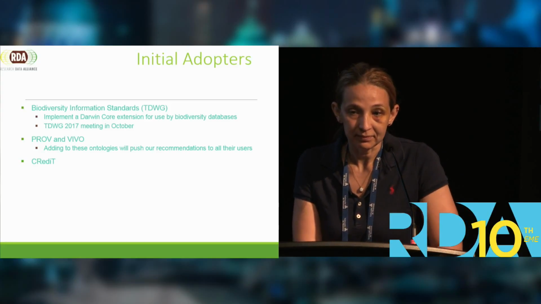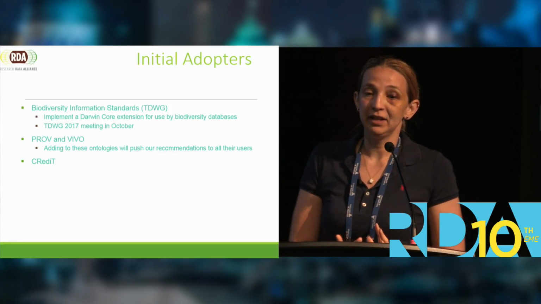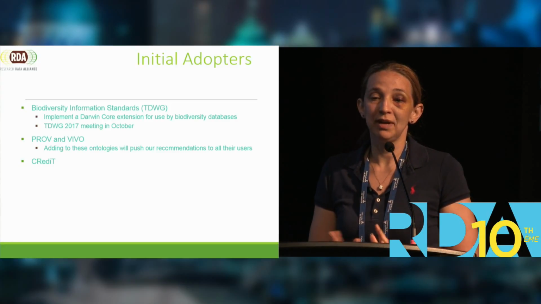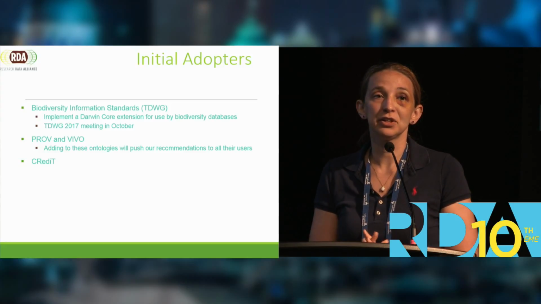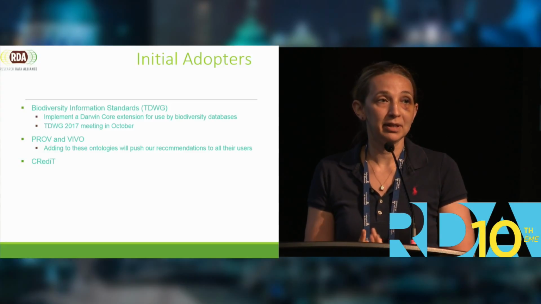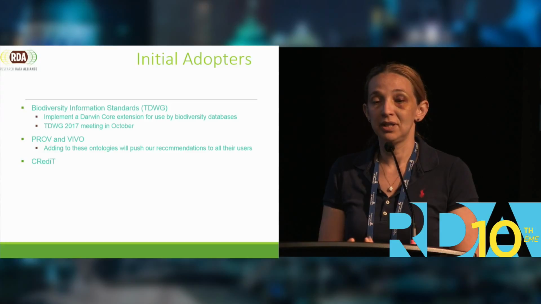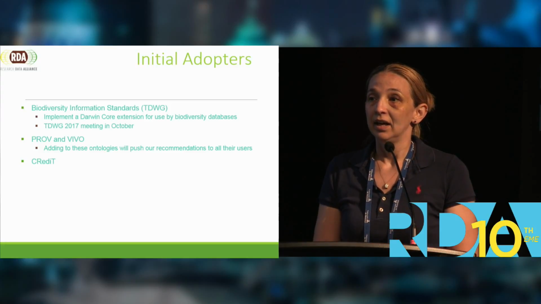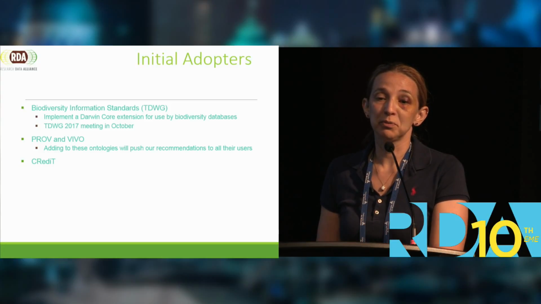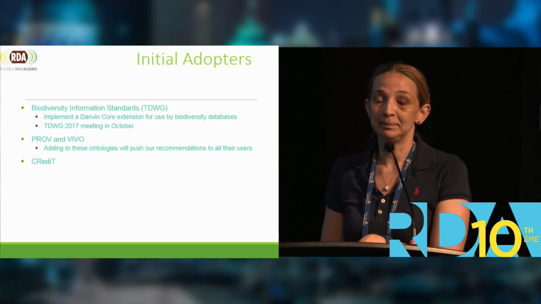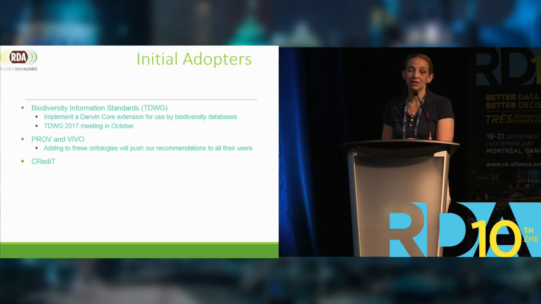And so that would make our recommendations usable by their users. And of course, there are other controlled vocabularies like CRediT, and there's also TaDiRAH that we can add terms to. And so our work with PROV and VIVO would basically be adding necessary classes to those ontologies.